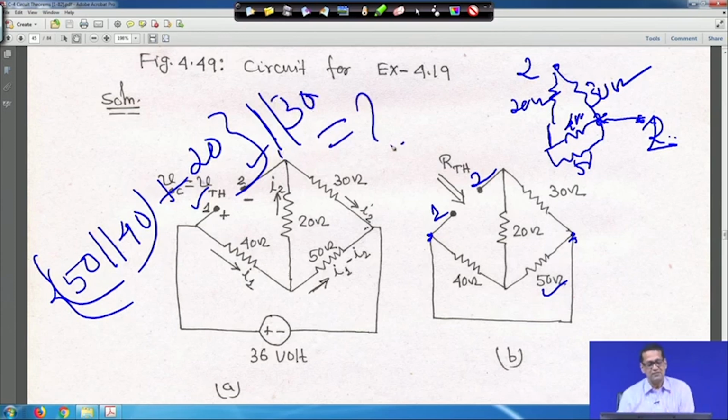You find it out, and that will become your R Thevenin. I hope you have understood this.